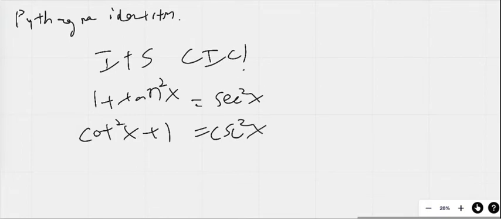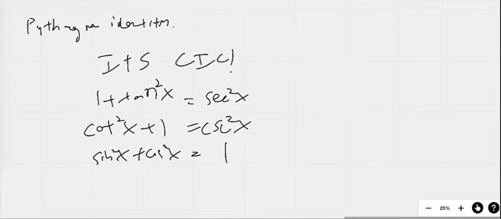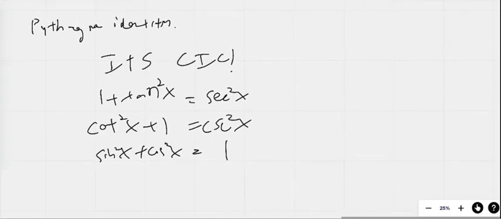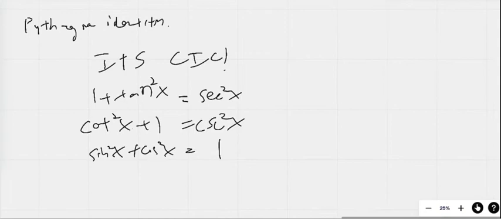And the last one, which is the simplest, is just sine square x plus cosine square x is equal to 1. Or you can just do many problems and you will remember it eventually.